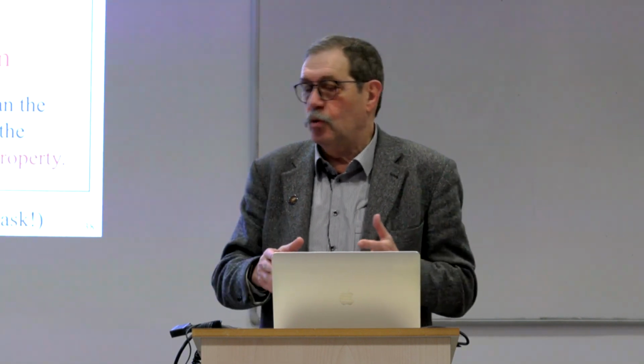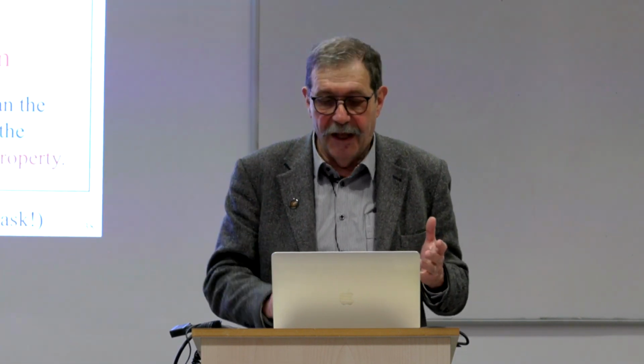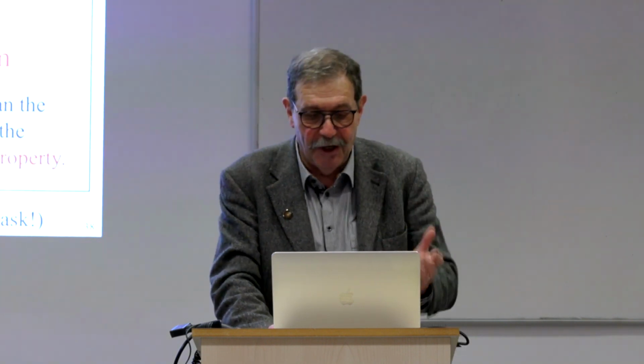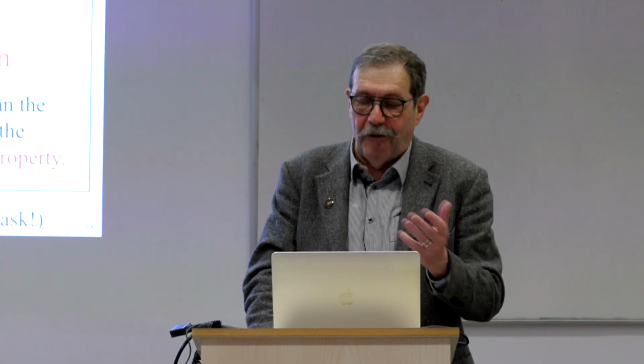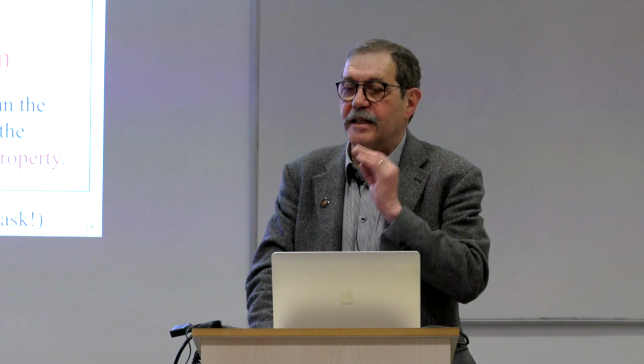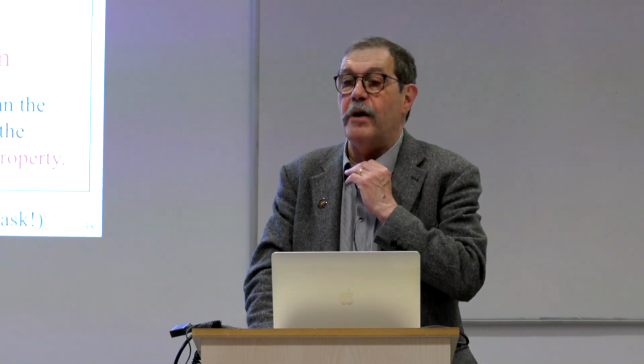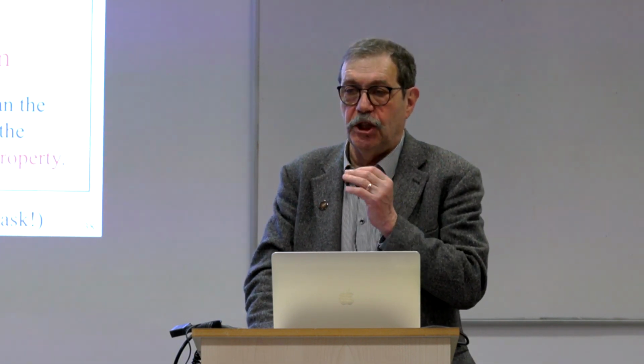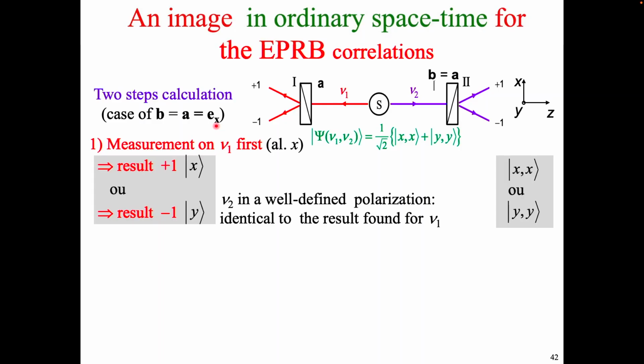But what I want to develop in the last 5 minutes, you told me 5 minutes, is the fact that non-locality is, for me, a very useful image for my intuition. So I show you what I mean. The only conclusion that I have here is that I can describe what happens with standard quantum mechanics by considering that I have first a measurement here and then a measurement there.